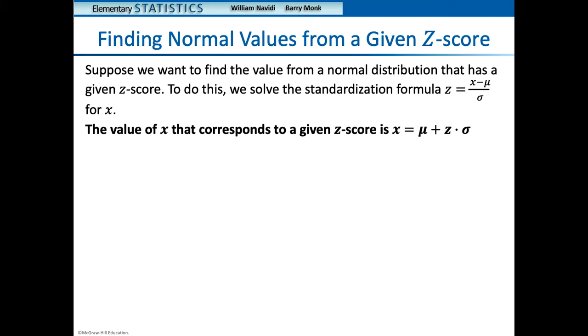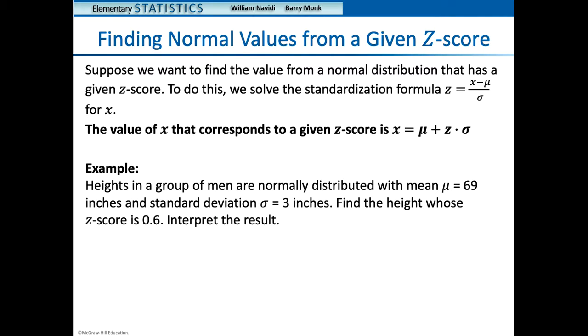So we can take the z-score formula and algebraically solve it for x. If we do that, we get x equals the mean plus the product of the z-score times the standard deviation. X equals mu plus z times sigma. So that is the formula that we use to convert a z-score to a data value.